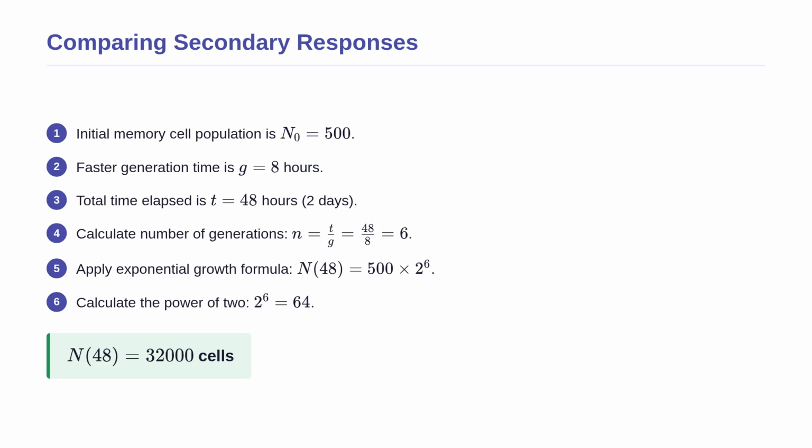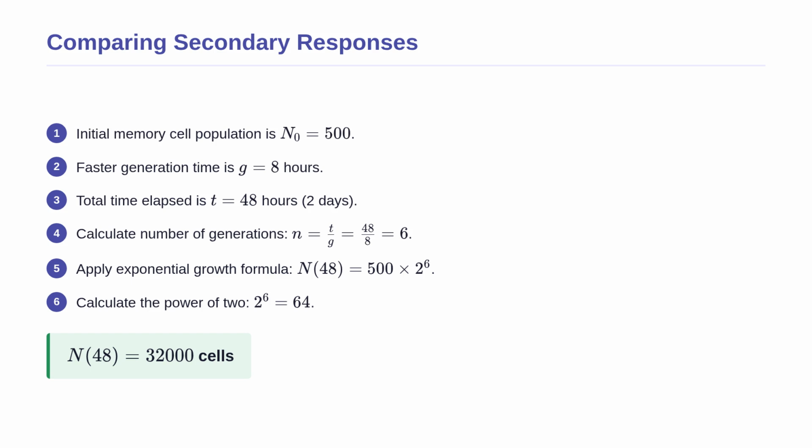Building on our first calculation, let us now consider a secondary immune response, like when you are exposed to a virus you are vaccinated against. Here, you start with a larger pool of pre-existing memory cells, so N0 is 500. Memory cells react faster, with a generation time of just 8 hours. We want the cell count after 48 hours.